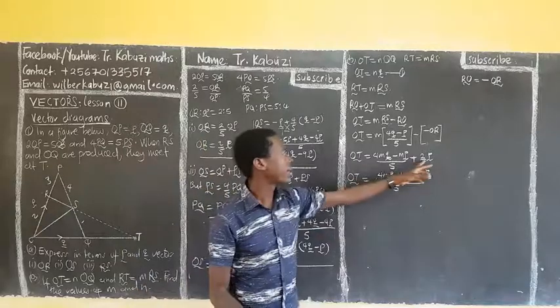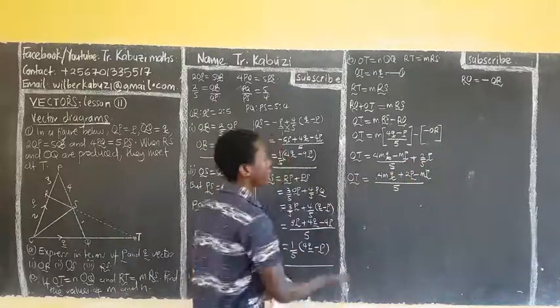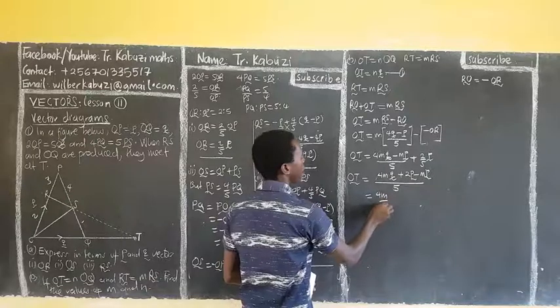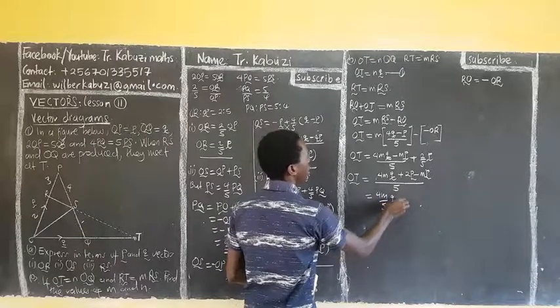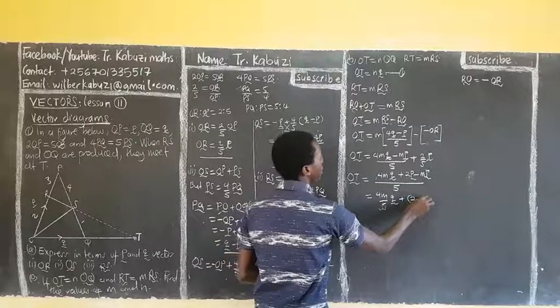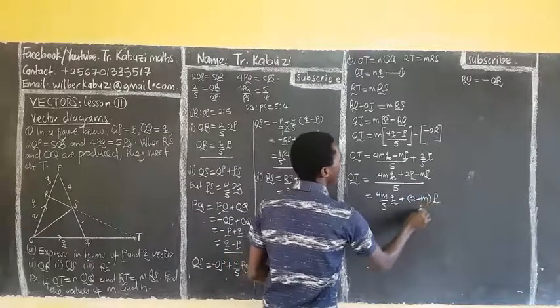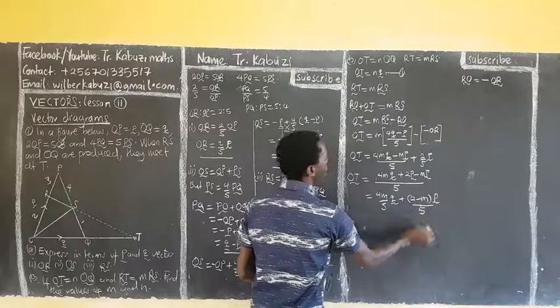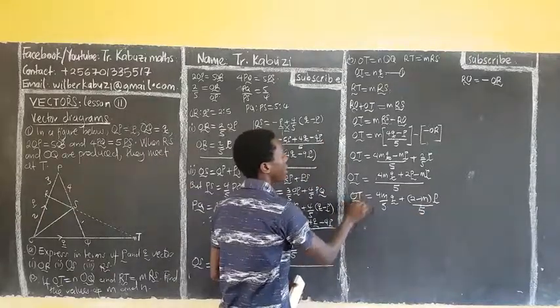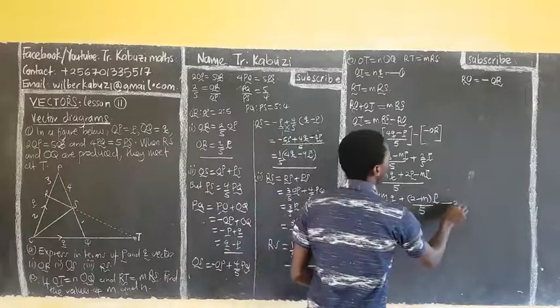When I combine, I start with the positive, I end with the negative. So if we separate this, it will be 4M over 5Q, then plus, so that P is common, when I factorize out P, I have that, but remember, I'm dividing it with 5. And this is my OT, and this one becomes my equation 2.